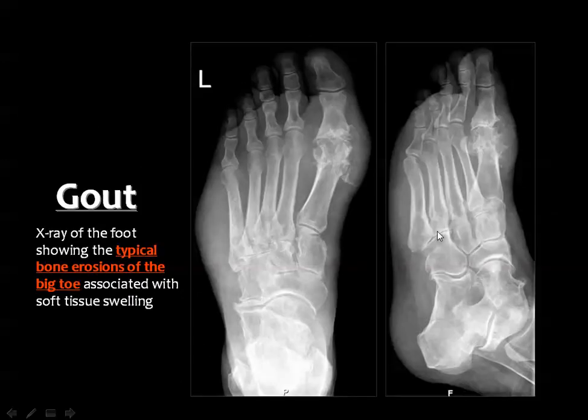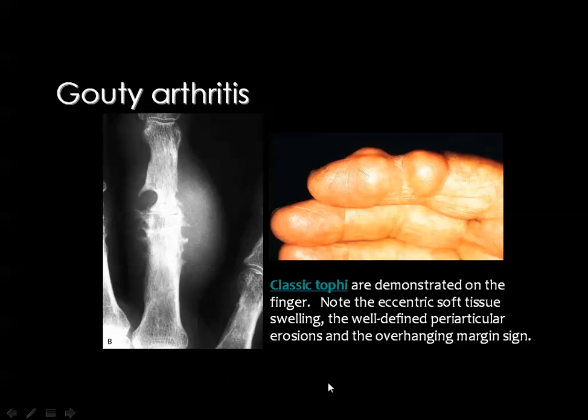One of the common sites for gout in the body is the metatarsophalangeal joint of the big toe. The crystal deposition will occur here near the joint line. There are sharp erosive changes, and later on the joint will be narrowed and is surrounded by the soft tissue swelling of the tophi.